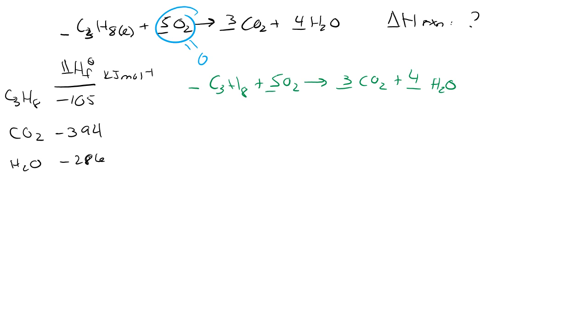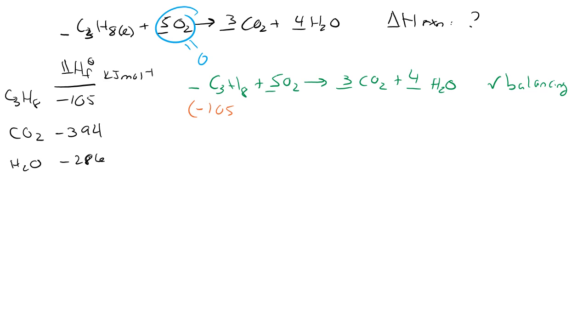So always check the balancing first. Okay, I'm going to plug in the numbers that were provided to me from either section 12 of my data booklet or in the problem itself underneath the compounds they belong with. So here we have a negative 105.